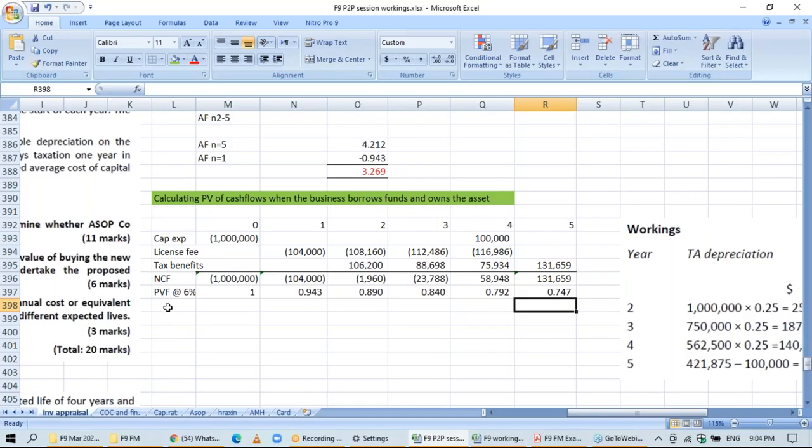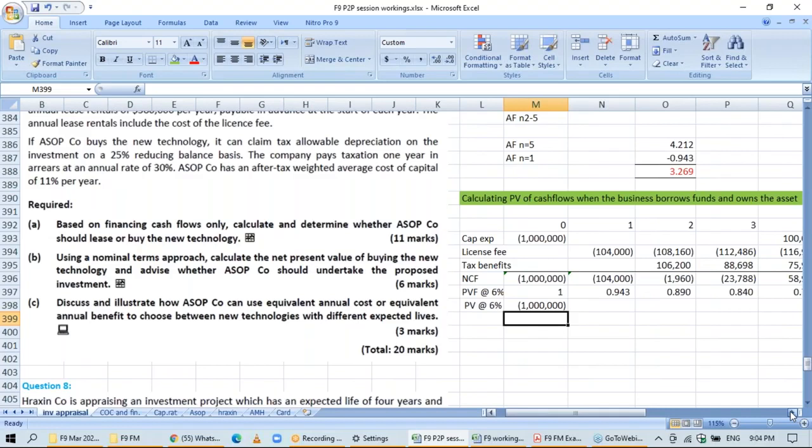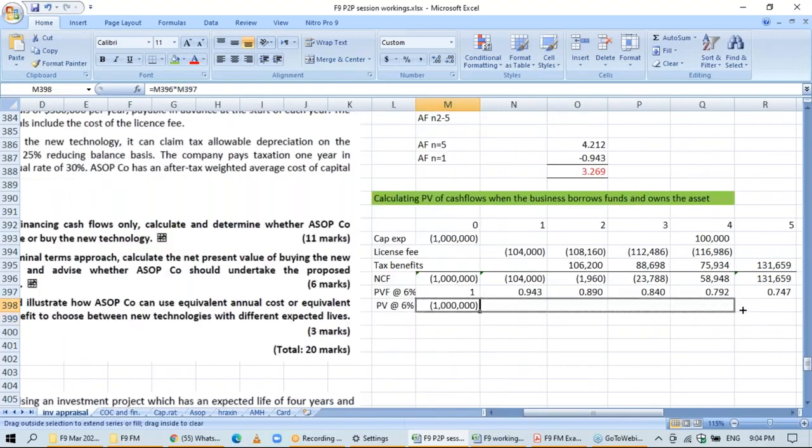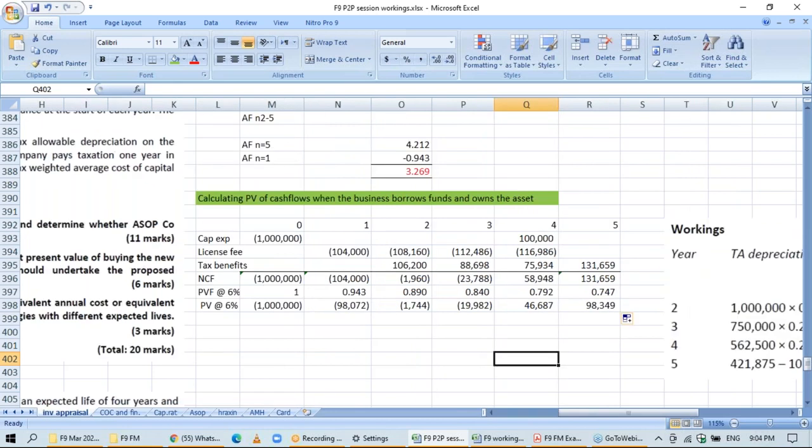Okay. And now we calculate the present value at 6%. So the present values at 6% will be the net cash flow multiplied by the present value fraction. This gives you the net present value.